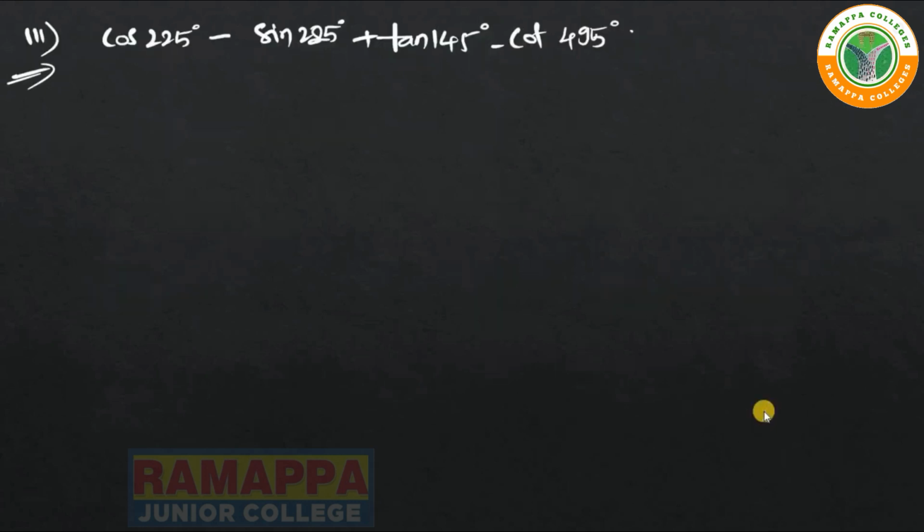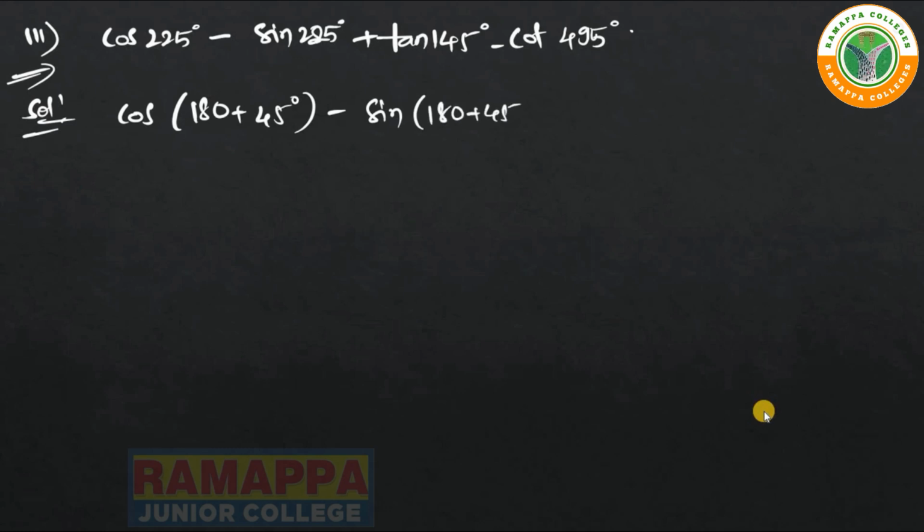Here the third question is given: cos 225 minus sin 225 plus tan 495 minus cot 495. I will write cos 225 as cos of 180 plus 45, and sin 225 as sin of 180 plus 45. Here 495 is given, sorry, I wrote it wrong, it is 495.